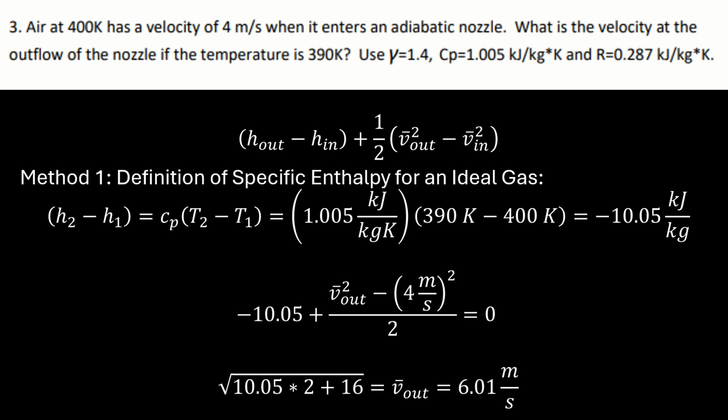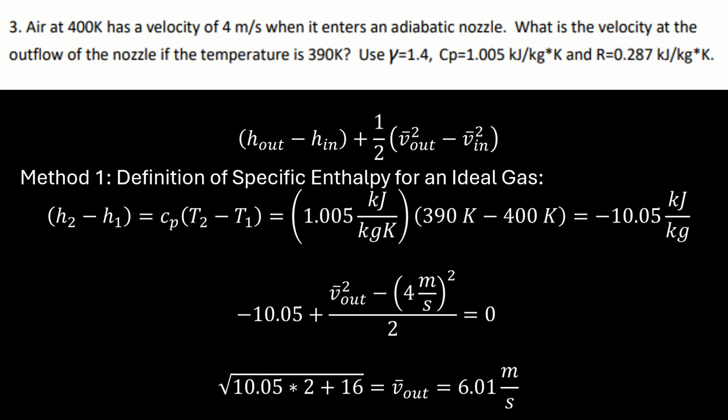Therefore, that becomes 1.005 kilojoules per kilogram Kelvin multiplied by 390 Kelvin minus 400 Kelvin, which comes out to negative 10.05 kilojoules per kilogram.